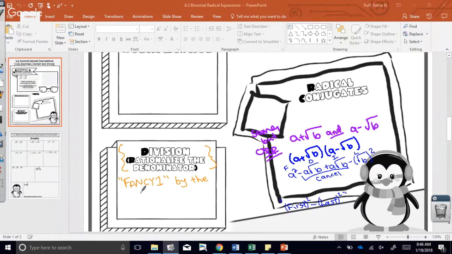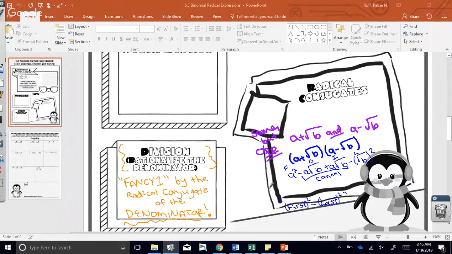That means multiplying by the radical conjugate of the denominator. The goal in division is that there are no more radicals in the denominator.